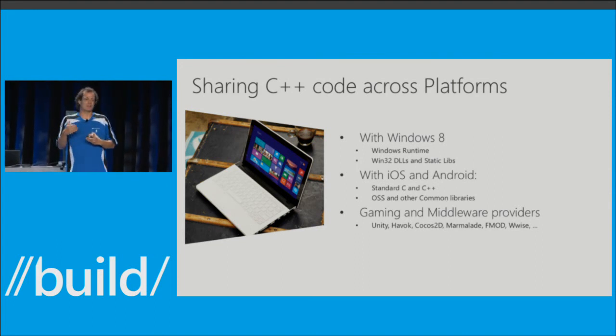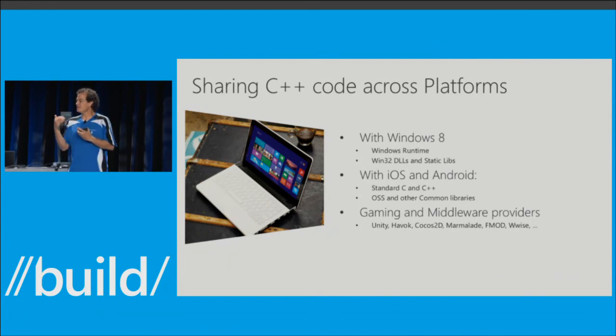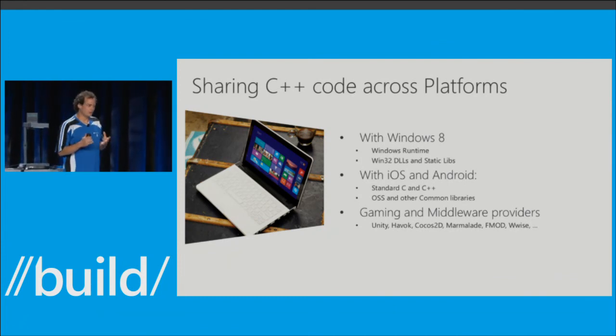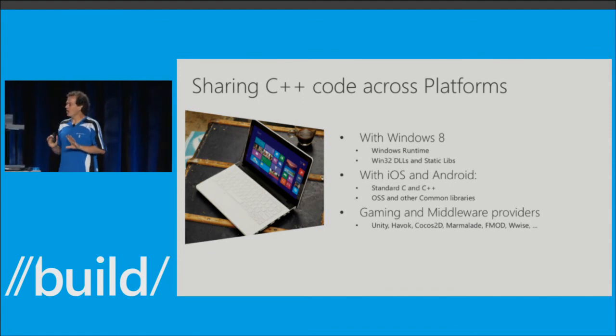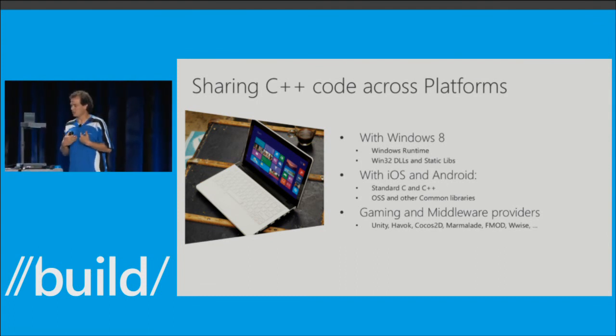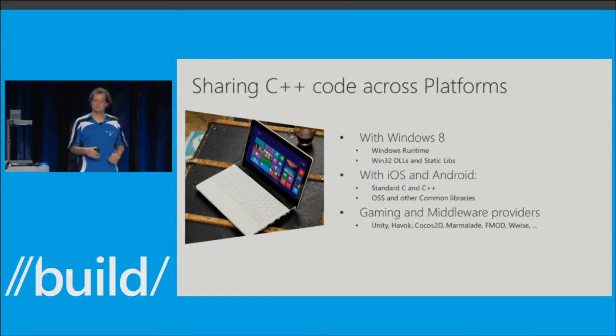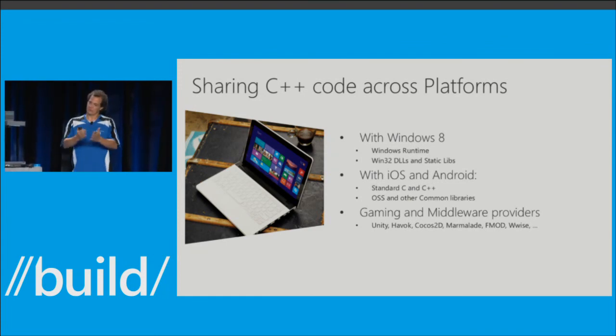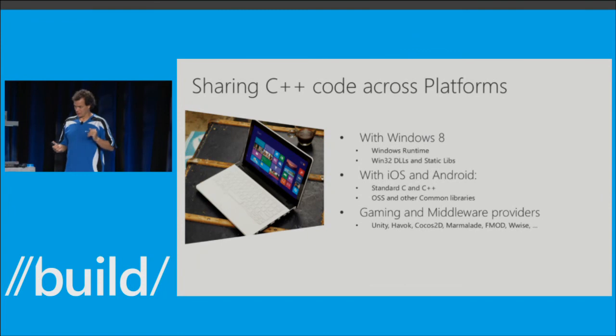These are very common, very popular gaming middleware components and engines that are available on Windows Phone because we offer C++ support. These engines and middleware are built with C++. They needed us to offer C++ support in order to come to Windows Phone. With Windows Phone 8, we've opened that up for them, and obviously for you.